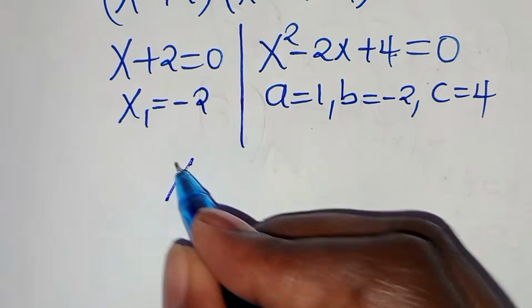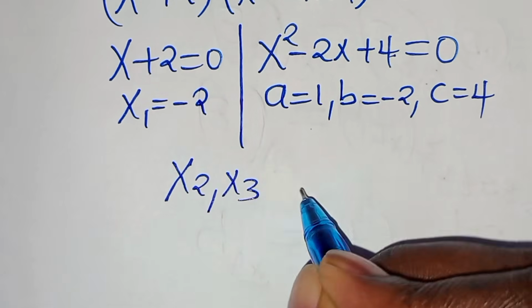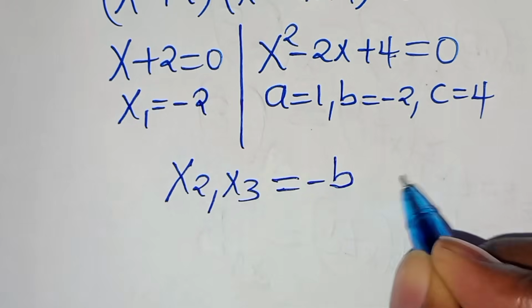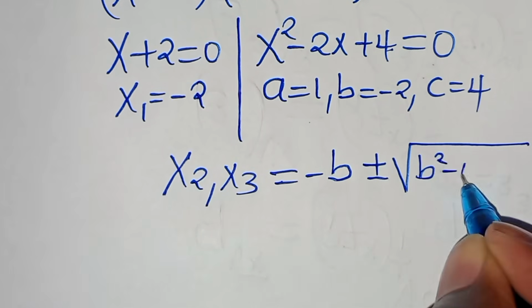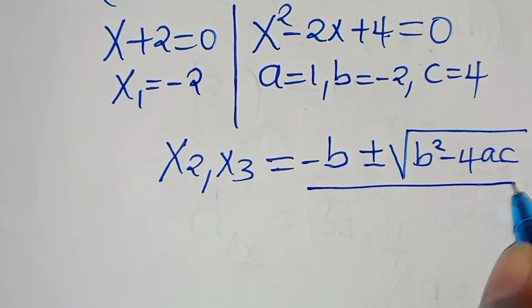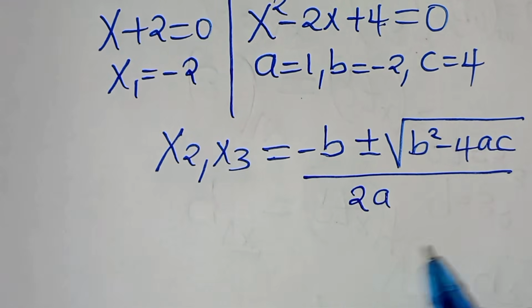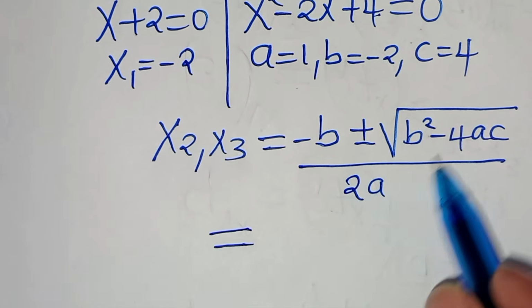Now we can solve for x2, x3 by applying the quadratic formula, which is minus b plus or minus the square root of b squared minus 4ac, everything divided by 2 times a. So let's substitute a, b, and c into this formula.